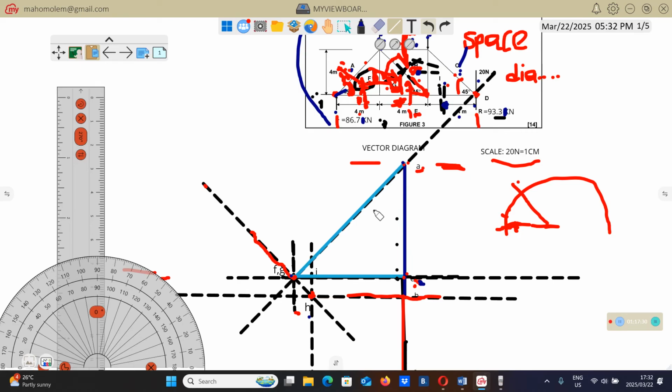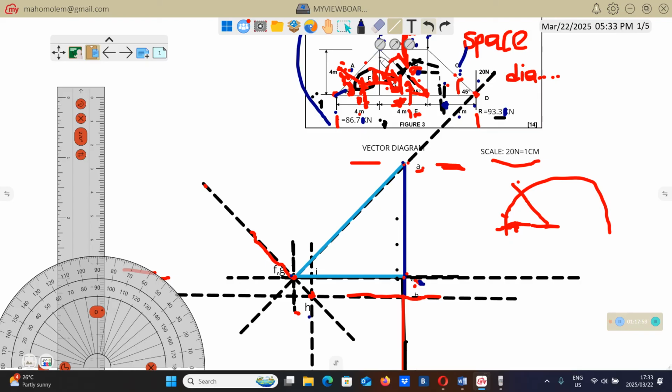It means that this member here is not going to carry any load. It's not going to get stretched. It's not going to get compressed. It's not going to transmit any load. So it's a waste of material to put this thing there. It's a useless member, this one.